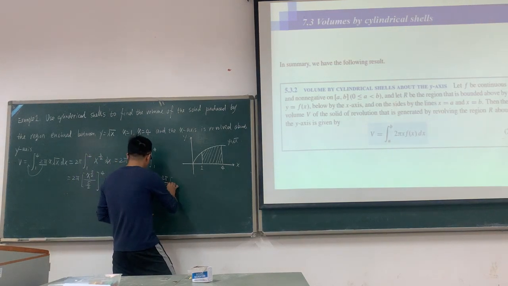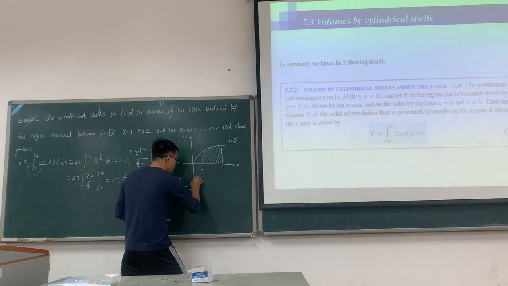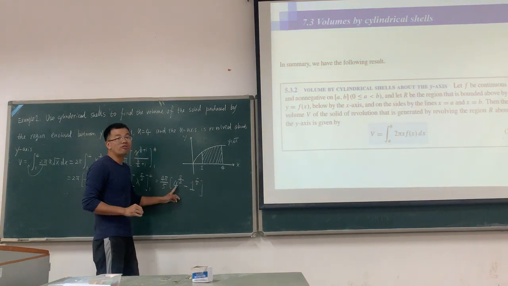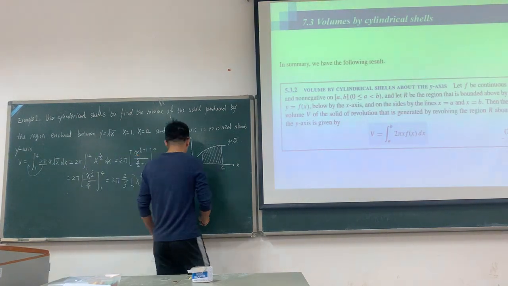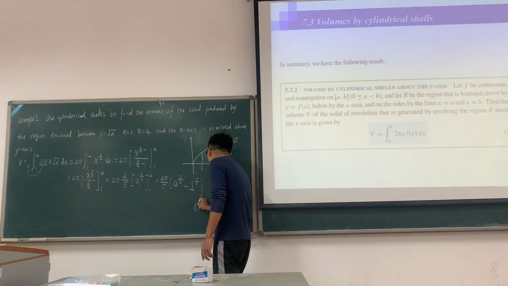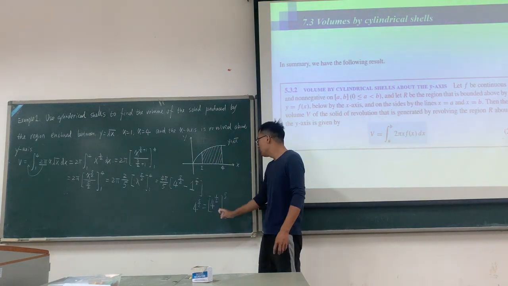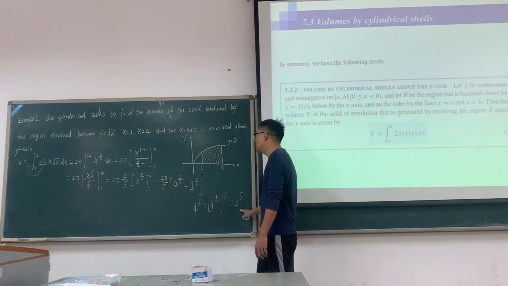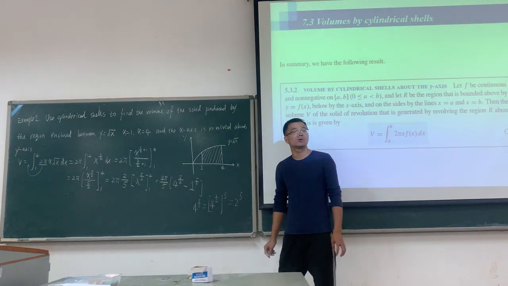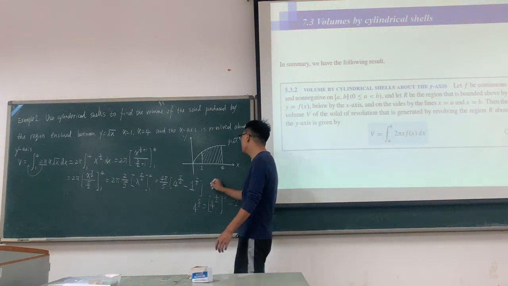So it is 4 to the 5/2 minus 1 to the 5/2. What is 4 to the 5/2 power? We can take 4 to the 1/2 power, which is 2, then 2 to the 5th power, which is 32.